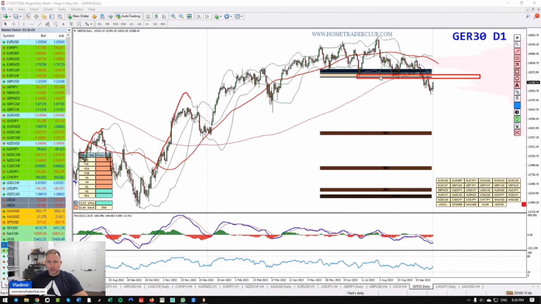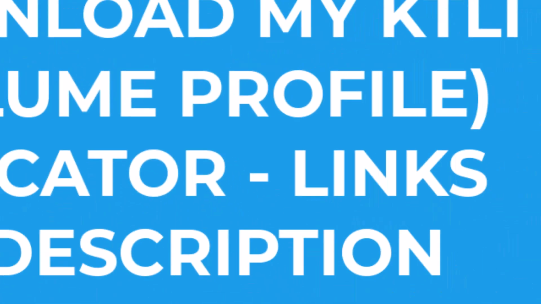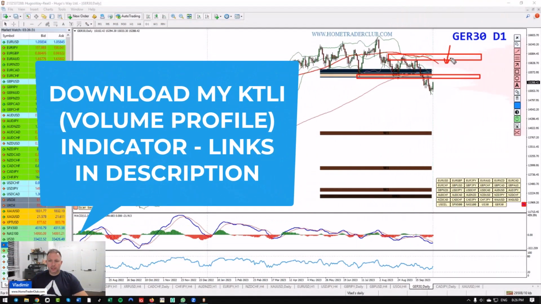So we have the broken support that now acts as a resistance. We have these spikes where the sellers recently took control, and the previous swing highs in play here, where the sellers really rejected the buyers' attempt to push the price upside. And of course, the major volume profile based zone, as you can see here.